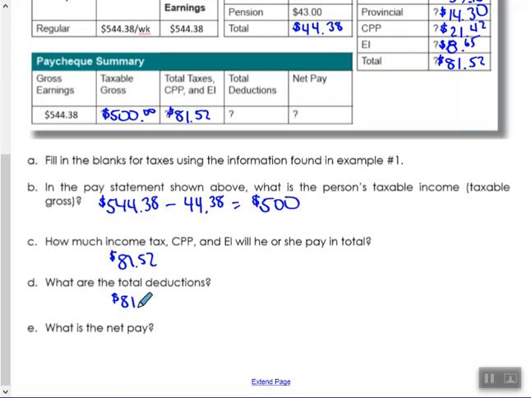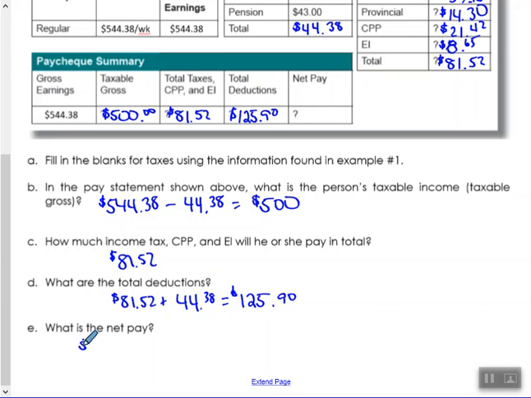So 81.52 plus 44.38, and we get 125.90. So total deductions are 125.90.